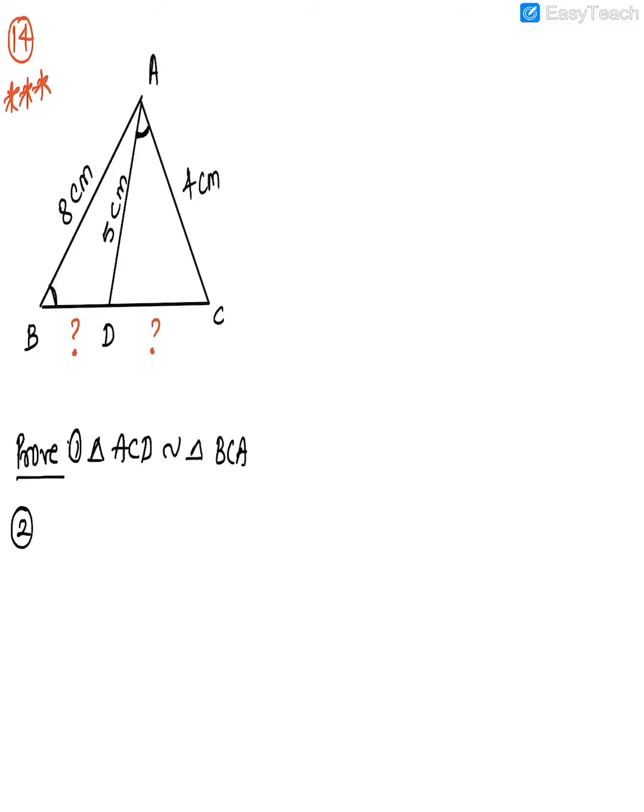So again I'm just shading that one small triangle inside, just to make out which triangle we are talking about. So this is the inner small triangle here. So there is one small triangle and one is a whole big triangle, right?